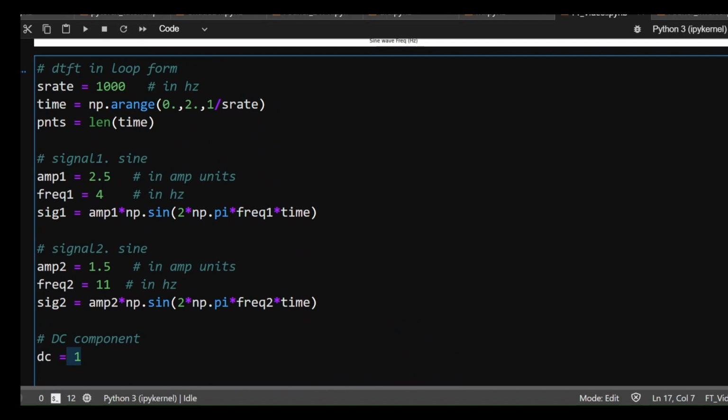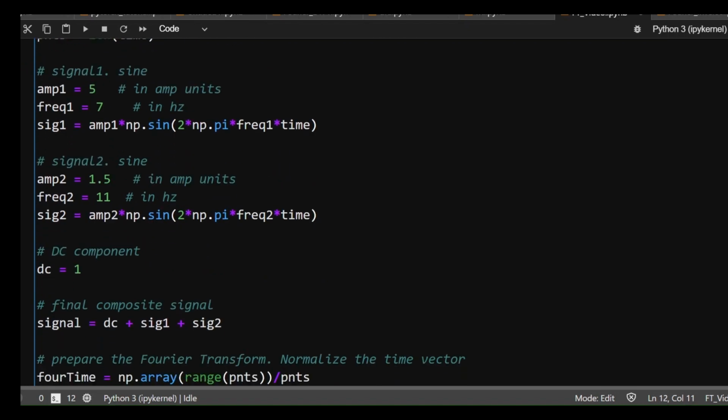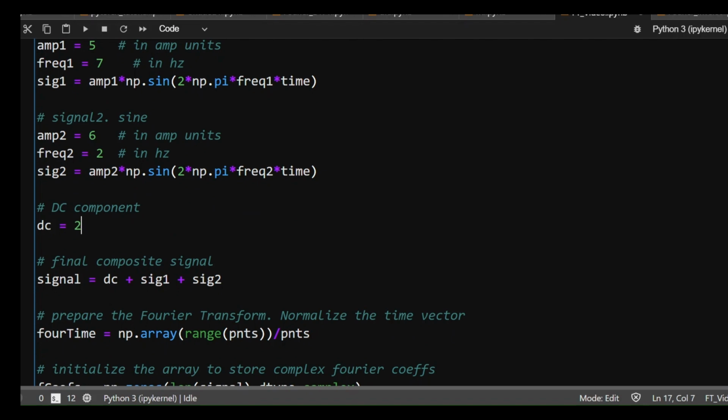We can play around with these numbers. Let's say this amplitude is now 5 and my frequency is 7, and here my amplitude is 6, my frequency is, say, 2, and my DC component is 2.